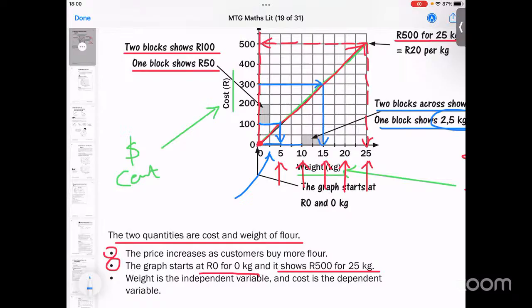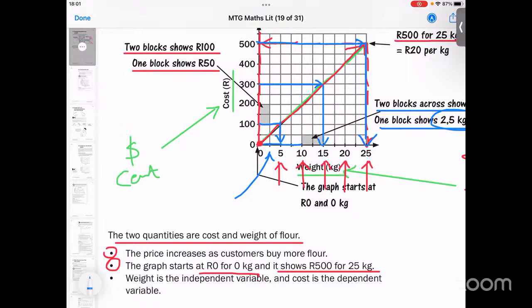Just like we are saying 500 rands will get you 25 kilograms of flour. Hope that part makes sense.